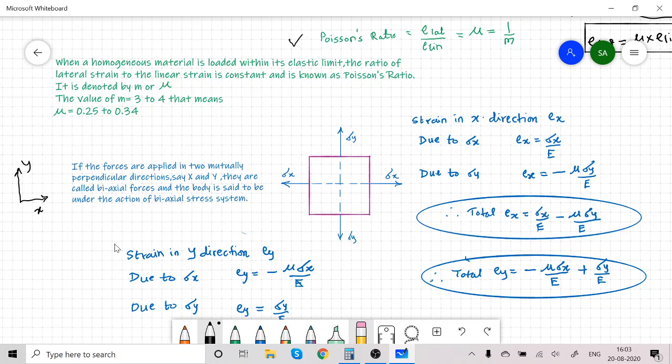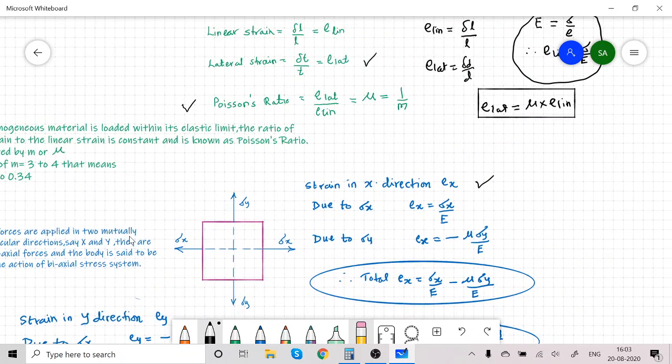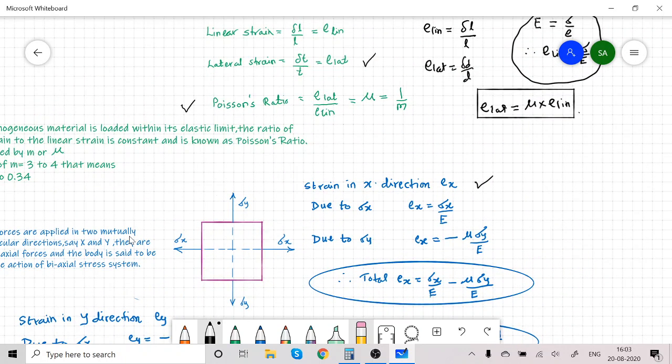Now let us consider strain in x direction, that is Ex. Due to sigma x, Ex is equal to sigma x upon E, that we studied earlier. But due to sigma y, there will be strain in x direction, which is called lateral strain, and to calculate lateral strain, we will have to multiply the linear strain by mu.